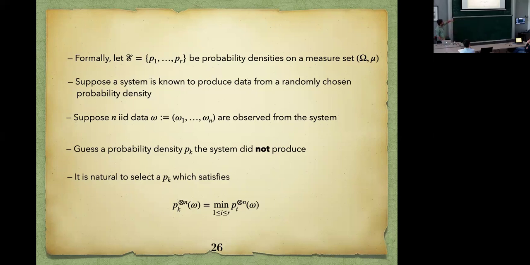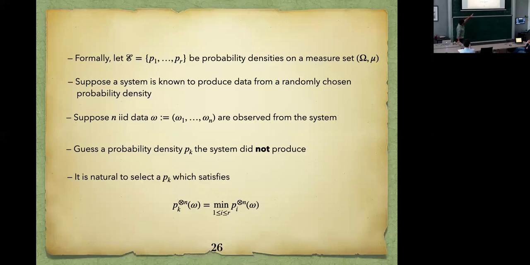That leads us to the probability of anti-distinguishing after observing n data. The data observed are IID, mutually independent, so the tensor power n of p_k represents the probability distribution of the data.